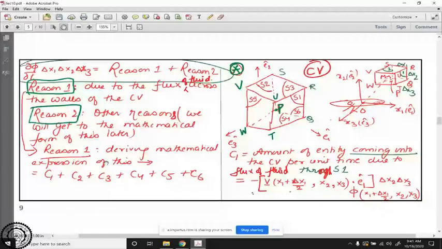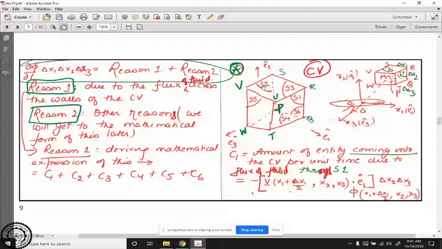So reason 1 is how much mass the transporter velocity field is bringing in or taking out. And those things can happen on surfaces, right? There will always be an area associated for flux to make sense. So how many surfaces does my control volume have? It has 6 surfaces, right?